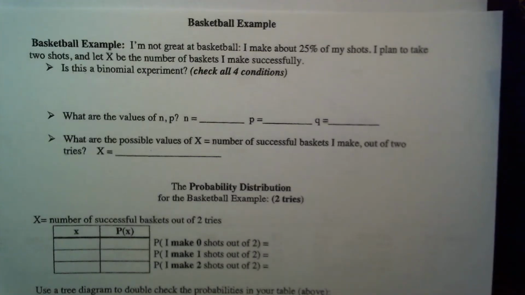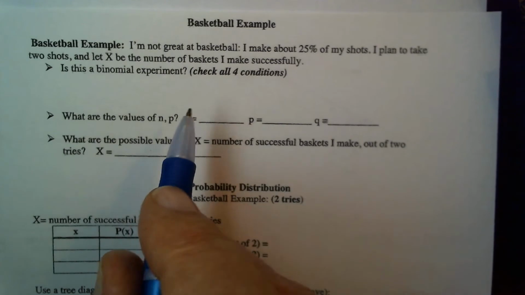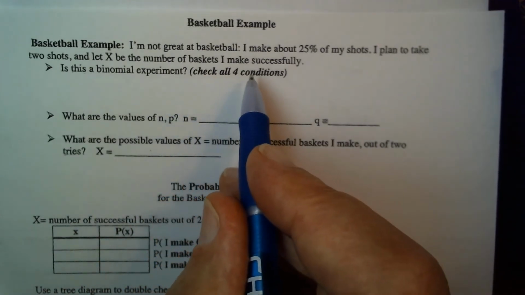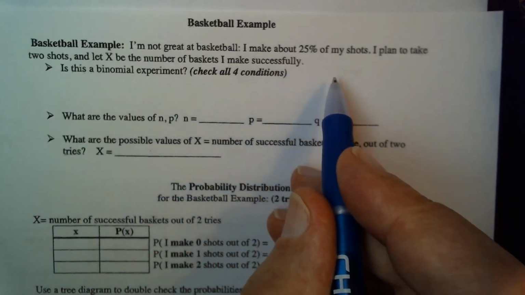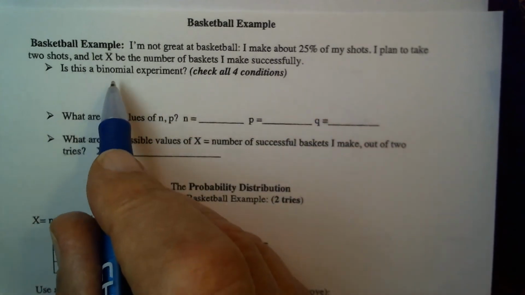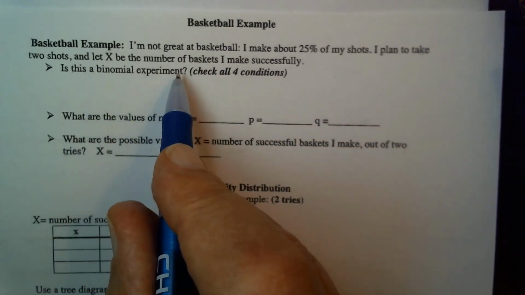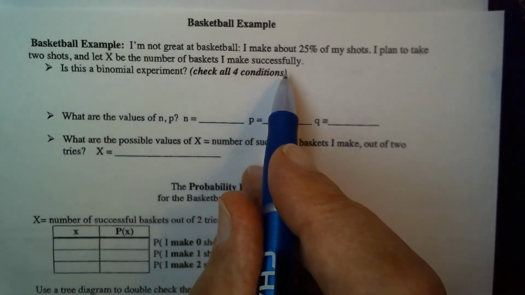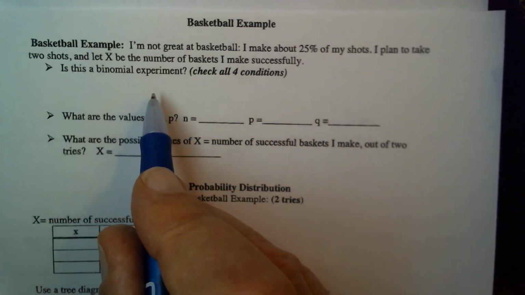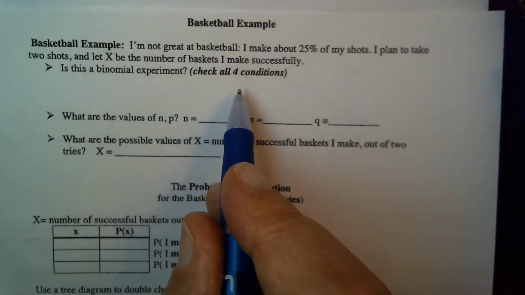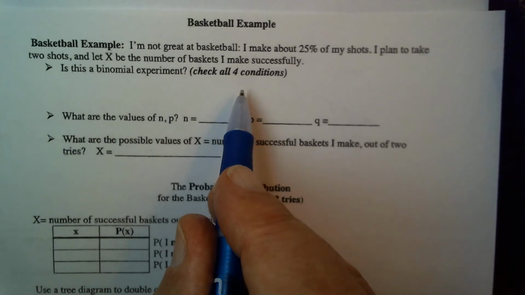Here's another example, a basketball example. I'm not great at basketball. I make about 25% of my shots. I plan to take 2 shots and let X be the number of baskets I make successfully. Is this a binomial experiment? So we check all 4 conditions.